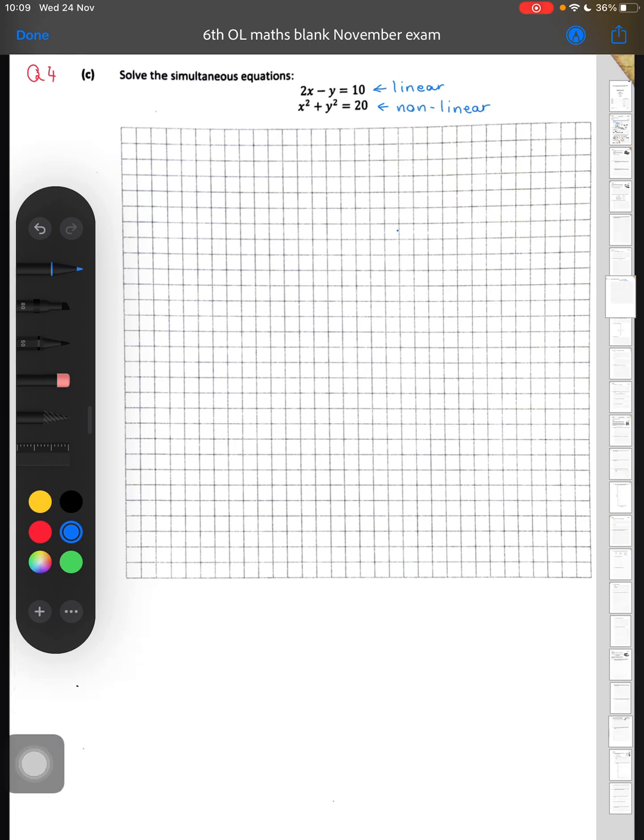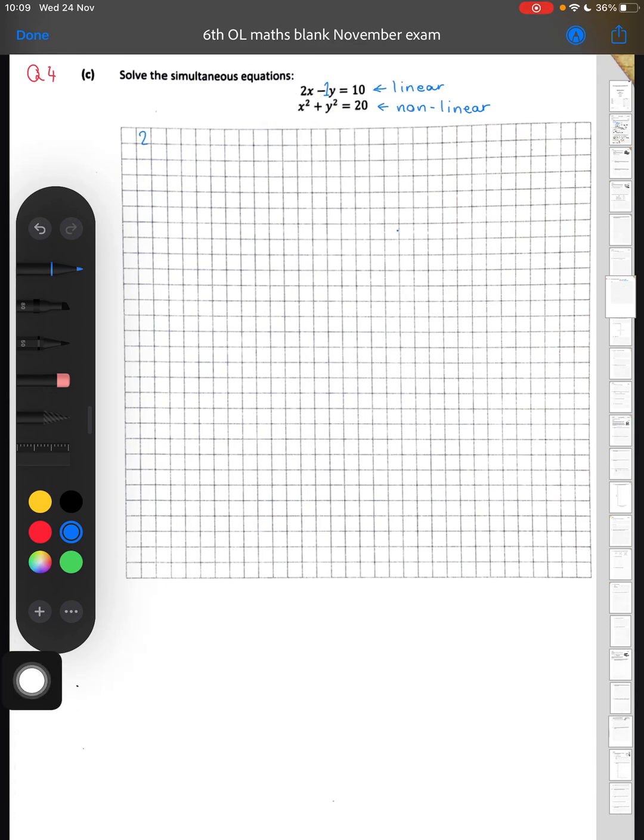Okay, so our first step is to rearrange the linear equation so that we find one variable in terms of the other. If possible, we try and get the variable that has a coefficient of 1 on a side by itself. So here the y is a minus 1y, so we're going to try and get y in terms of x.